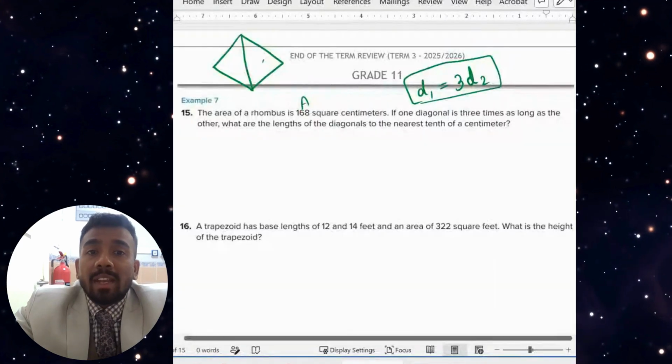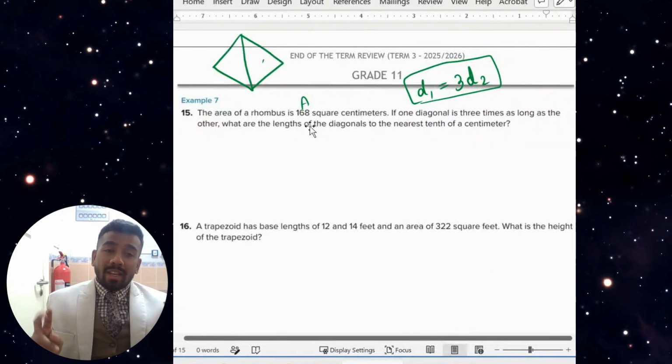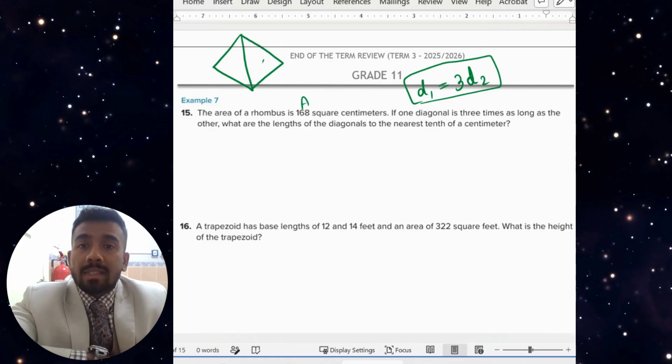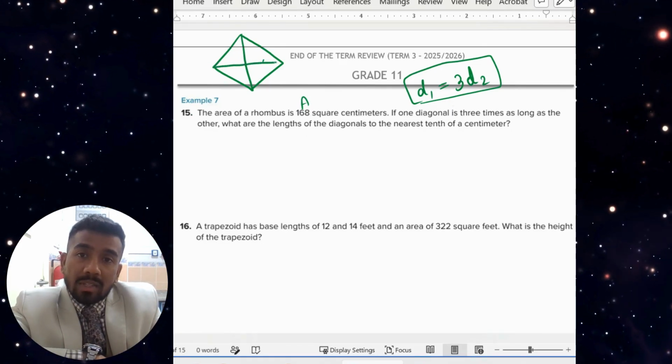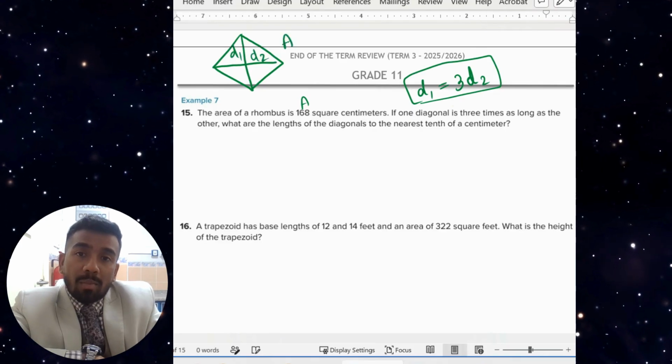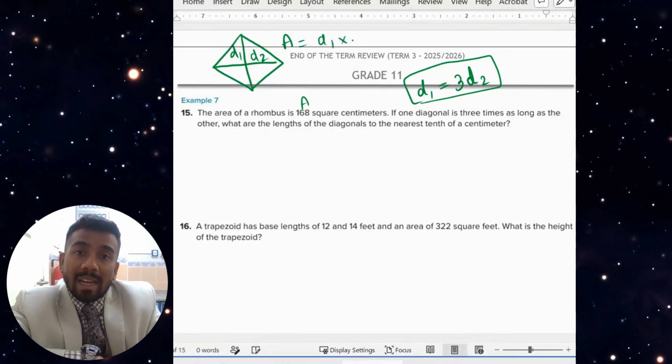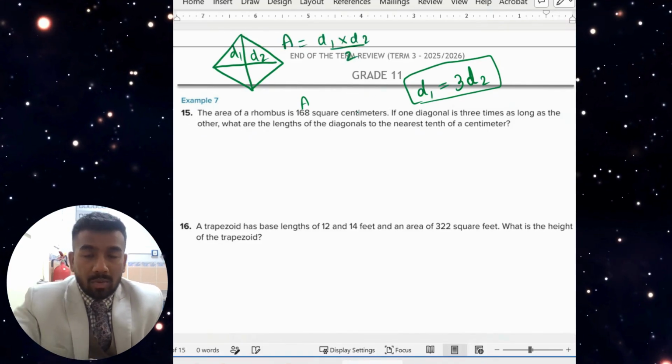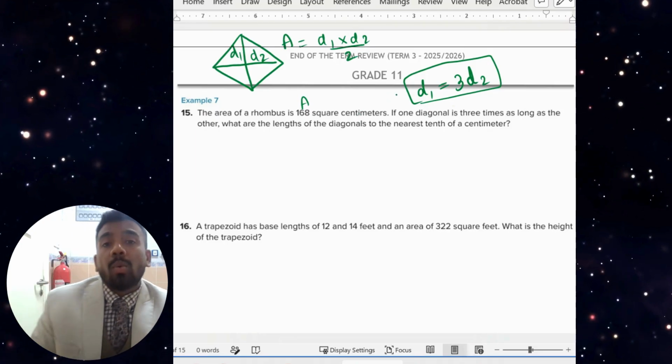How do you find the area of a rhombus? When you have two diagonals, like one is d1 and another one is d2, the area of a rhombus is given by d1 times d2 over 2. d1 times d2 over 2.